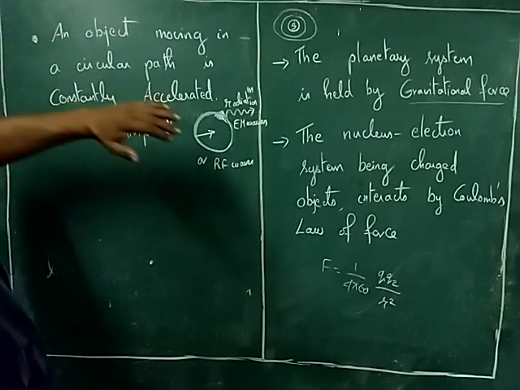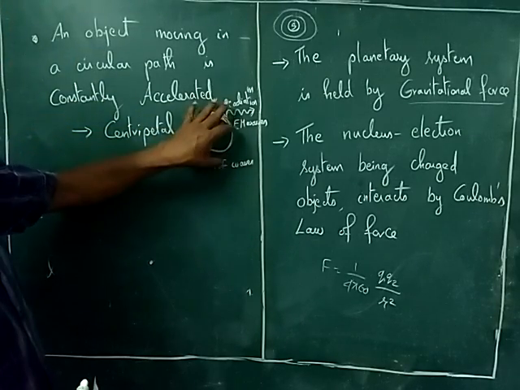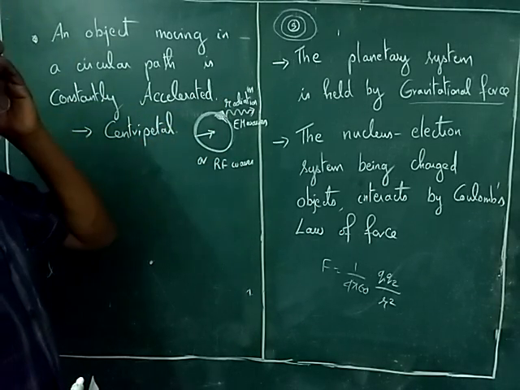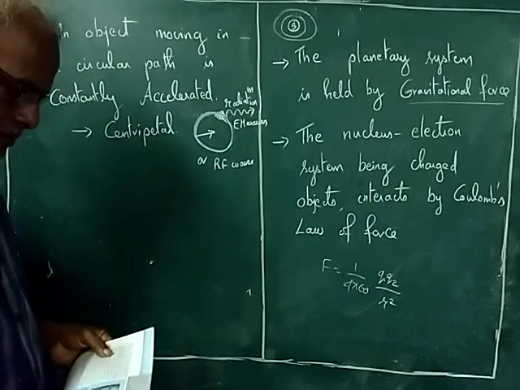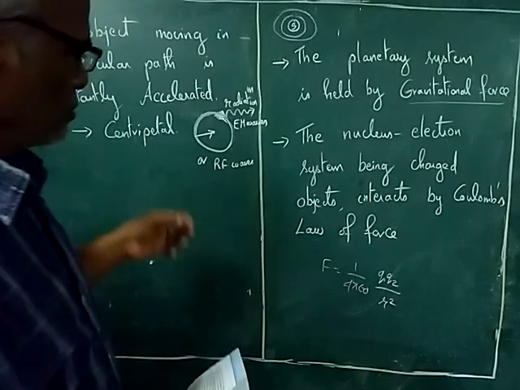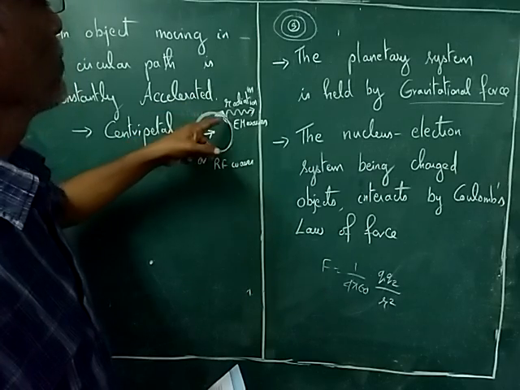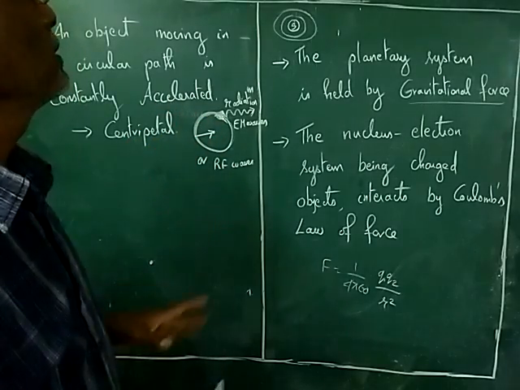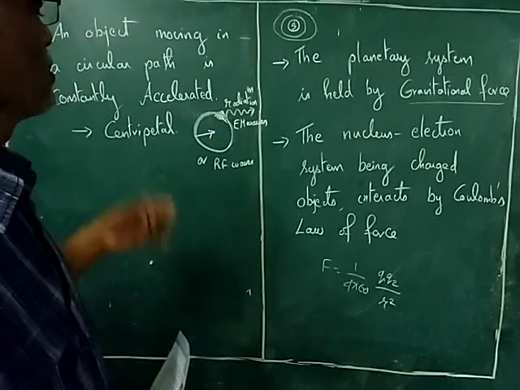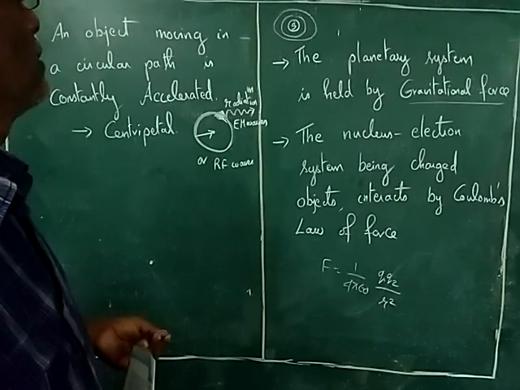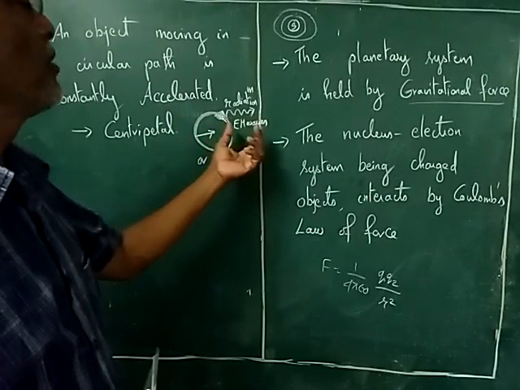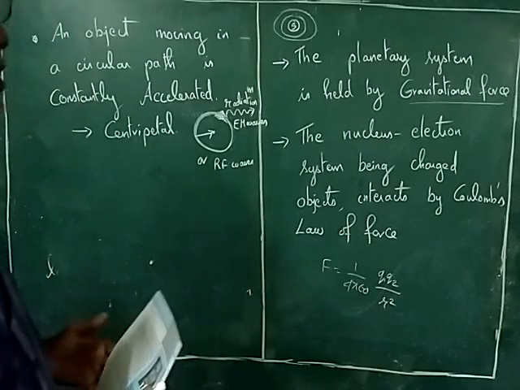So an object moving in a circular path is constantly accelerated and it has centripetal acceleration. Also, when a particle is moving in a circular path, because of the acceleration, it radiates energy in the form of electromagnetic waves or RF waves.